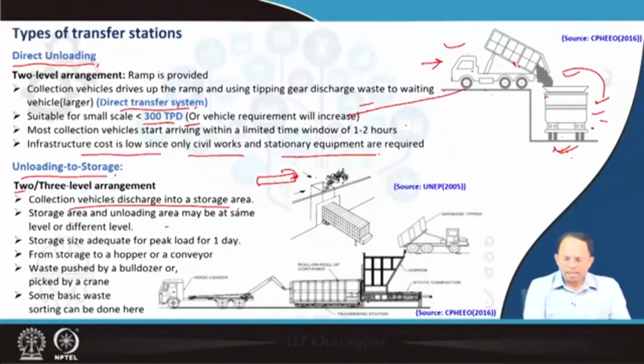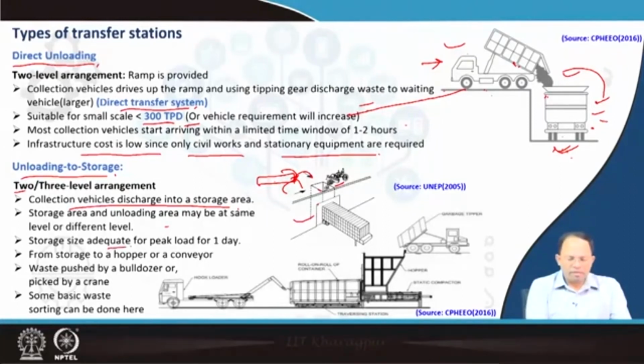The storage area is where garbage is stored, and if the unloading area is at the same level, that means physically you have to lift it into the vehicle, or we can use some bulldozers to lift the garbage into the vehicle. Or it could be at a different level, where we can push the garbage using loaders into that particular container which is at a lower level. So this kind of system can be there.